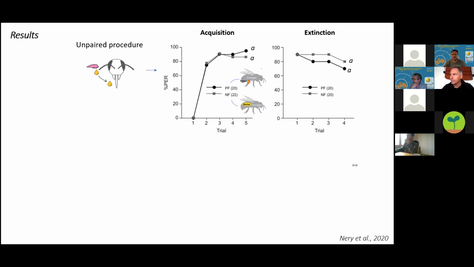I think this is the first time I saw similar results, but somehow I think the results are somewhat counterintuitive, because I have always thought that the differences in sucrose sensitivity between pollen versus nectar foragers is a key for them to determine what they're going to be collecting.